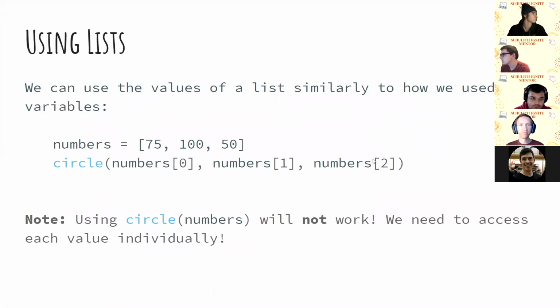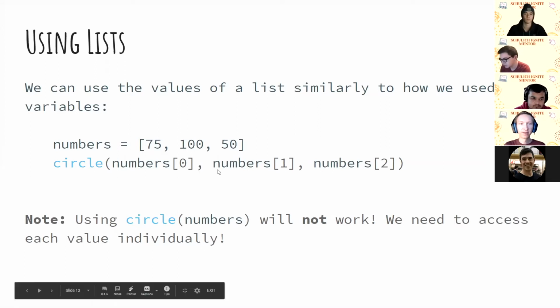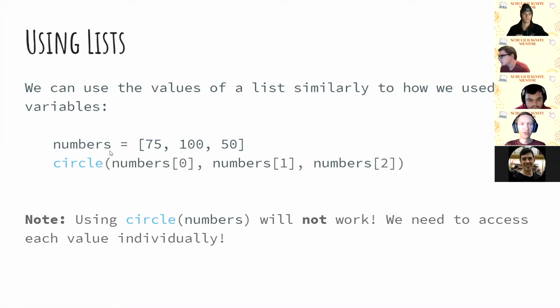Okay, so for using those lists, that's basically how you'll want to use them. We create our list first and assign that to a variable. So here we have 3 different numbers. If we want to use that with a function, like drawing a circle, here we will access each value with its index.